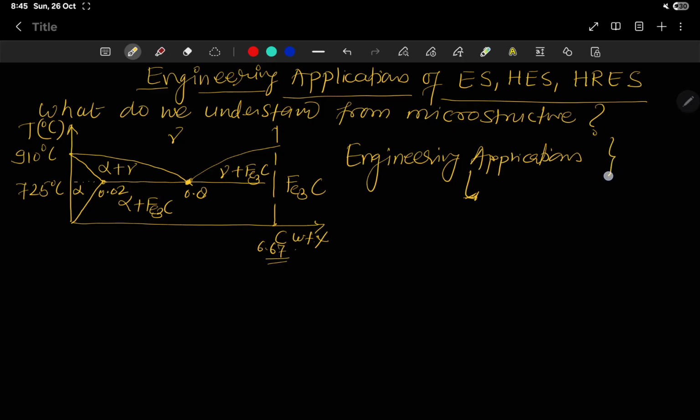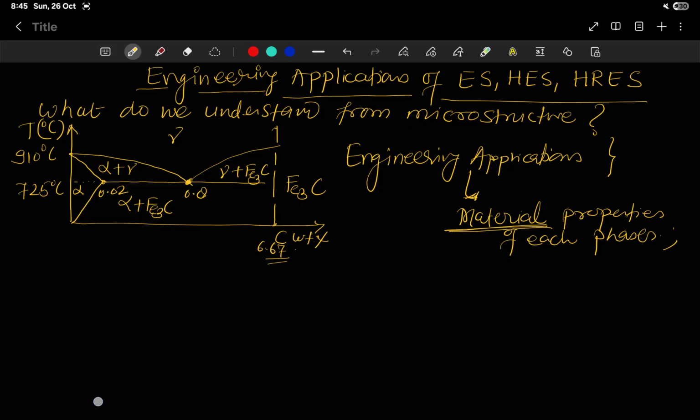So we will assign a specific material depending on the requirement in the industry. So it is essential to understand the material property of each phase. In terms of material property, we are more concerned about the mechanical properties. So now let's try to explore.